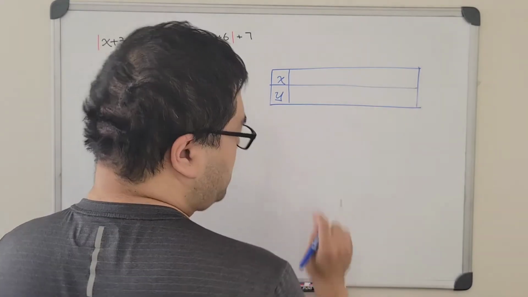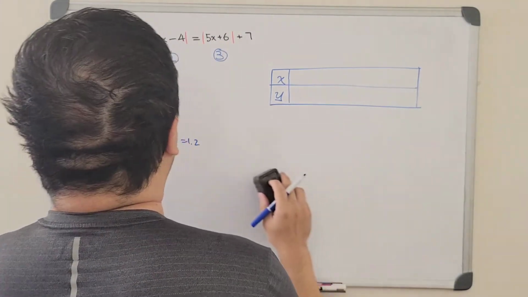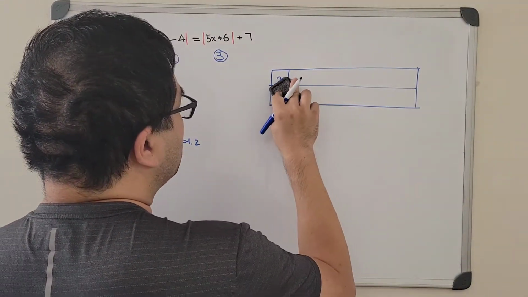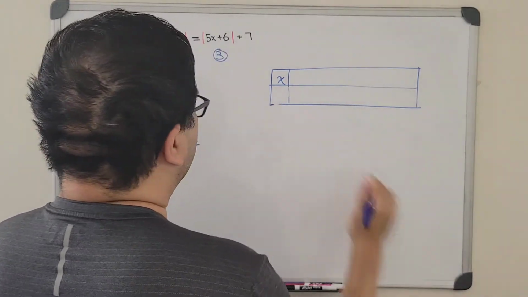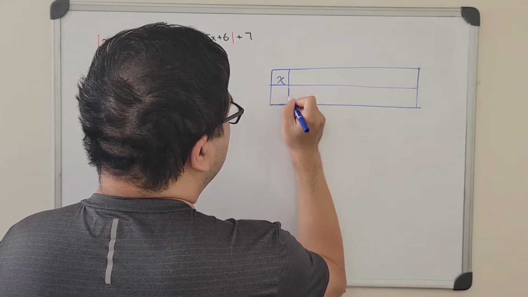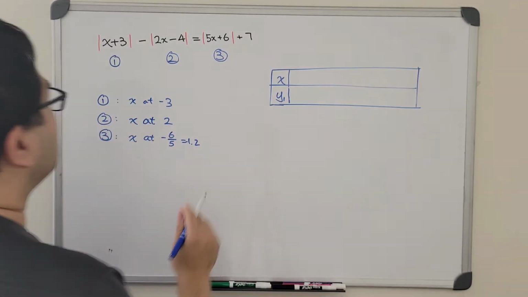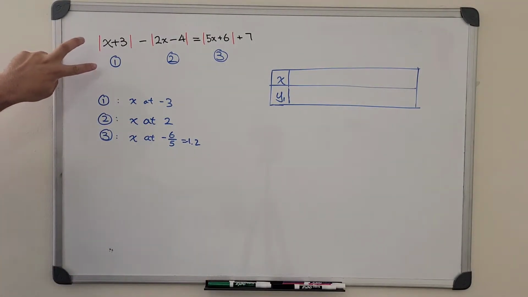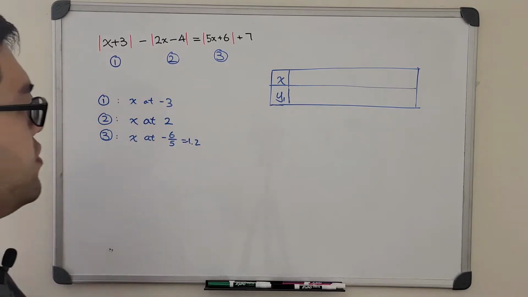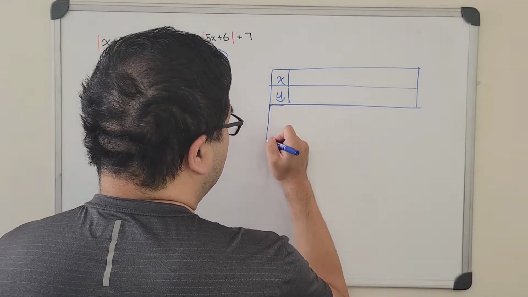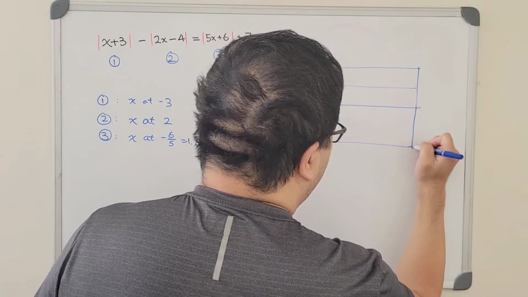Let's take a look. If we call them y1, y2, and y3, then we can show the sign or the value of the first term, second term, and third term respectively.